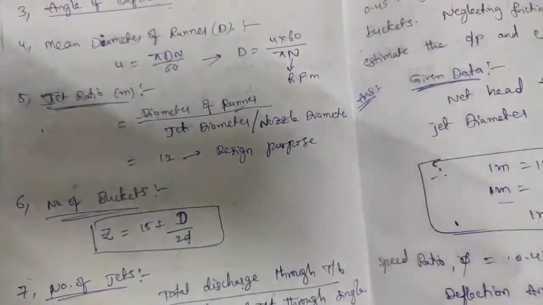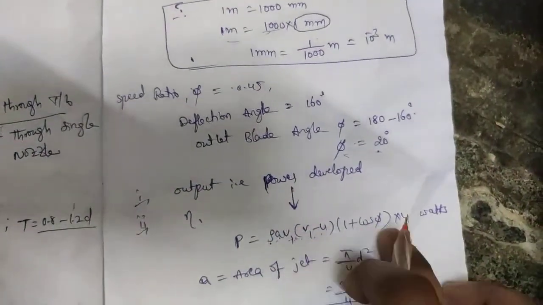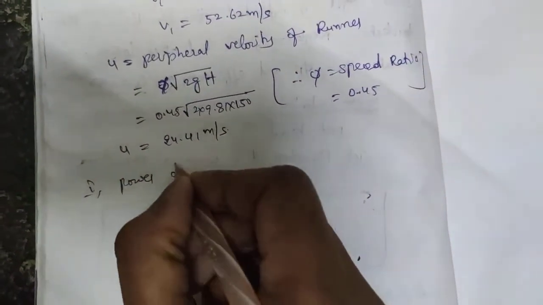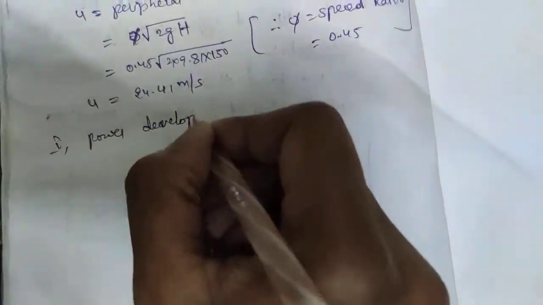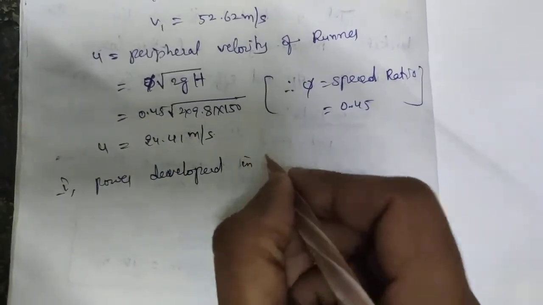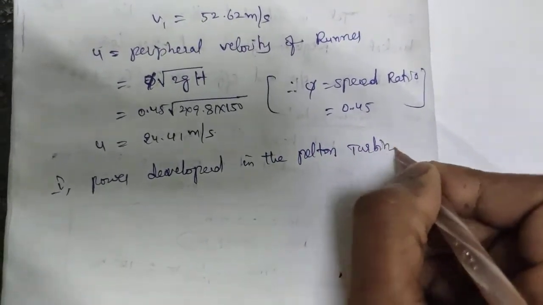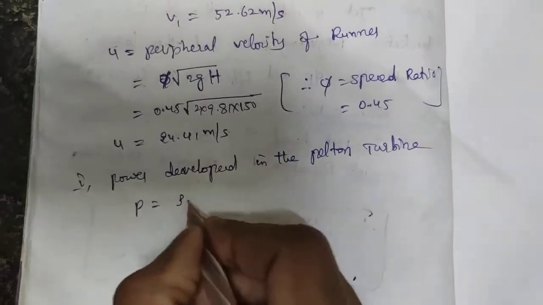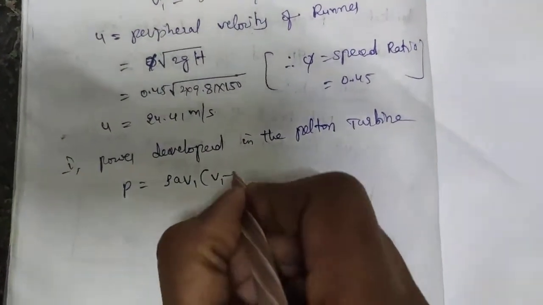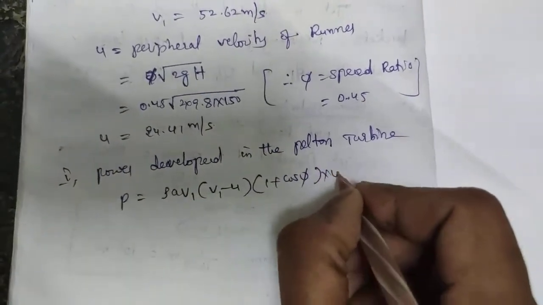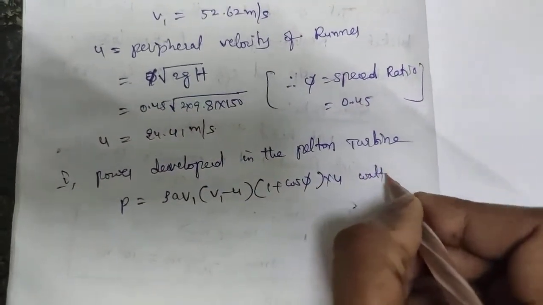So substitute all the values in the power developed formula. Power developed in the Pelton turbine is equal to rho A V1 (V1 minus U)(1 plus cos phi) into U in watts.